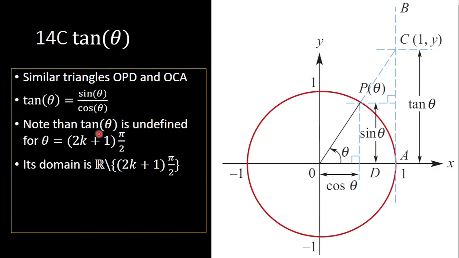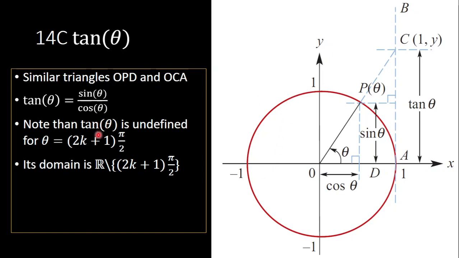So this expression here, bracket 2k plus 1 times pi over 2, it means it's a multiple of pi on 2, but the 2k plus 1 says that it is an odd number. So it's going to be also negative, but 1, 3, 5, and so on.